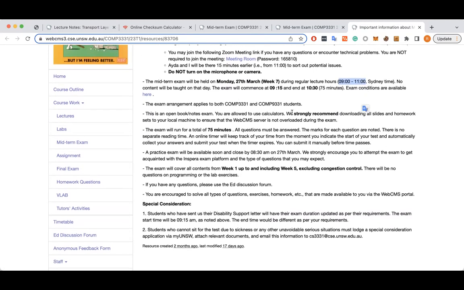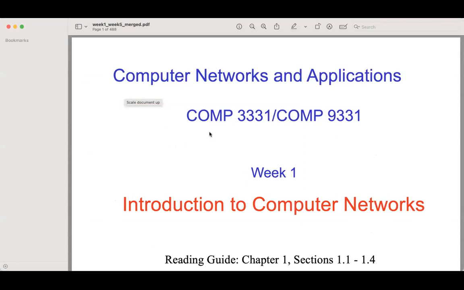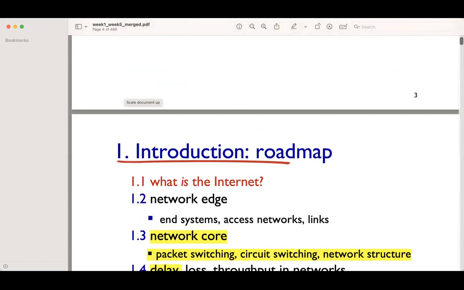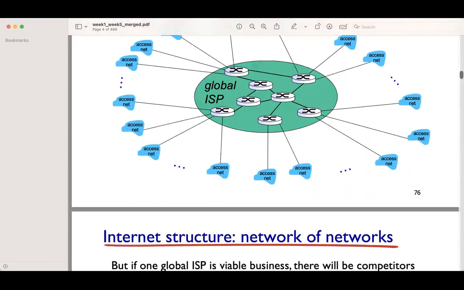The first thing you want to do is download all the slides and merge them into one, so you can just search the keywords and quickly find the answers. Let me show you how to do this. As you can see here, I downloaded all the slides and merged them into one.